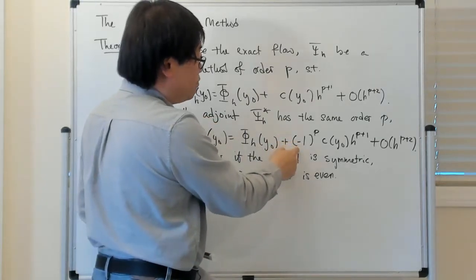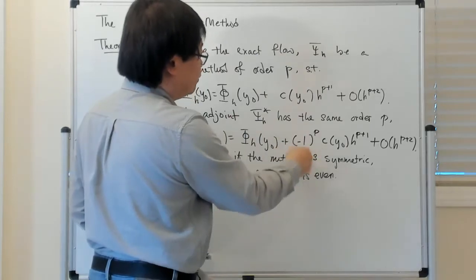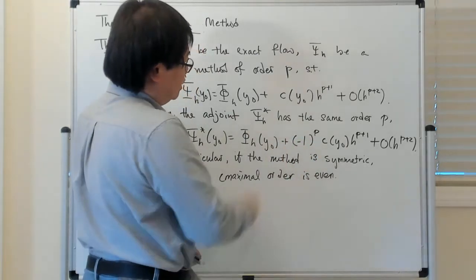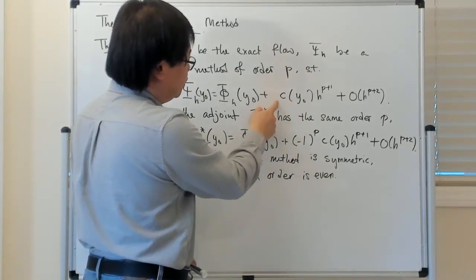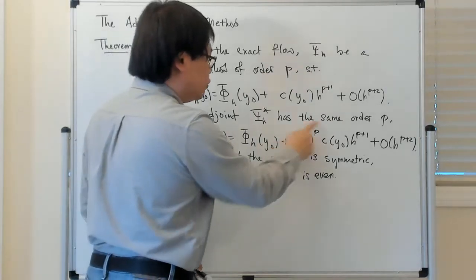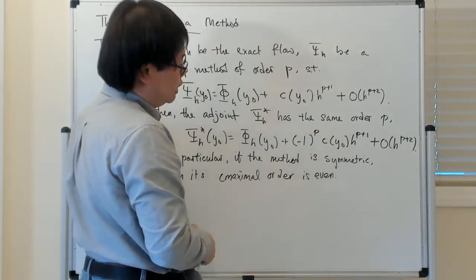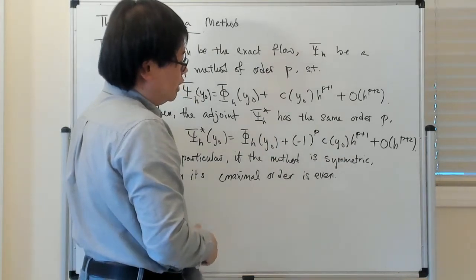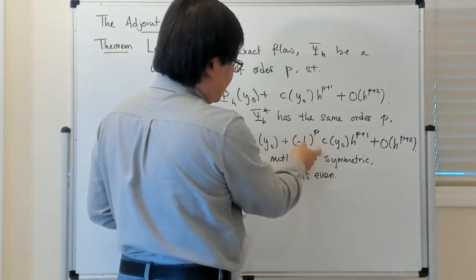In the other case you have minus c(y0), because if p is odd, (-1) to the p is -1. So on the one hand this is equal to c(y0) h to the p plus 1. On the other hand, the leading order term is also equal to -c(y0) h to the p plus 1. And so the only possibility of that being true is that c(y0) is actually 0.